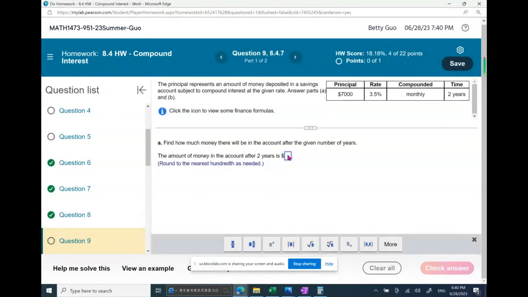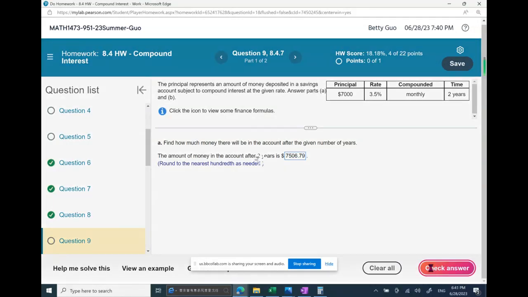That means the nearest cents. We have $7,506. How many cents? Rounded, 79 cents. Right?